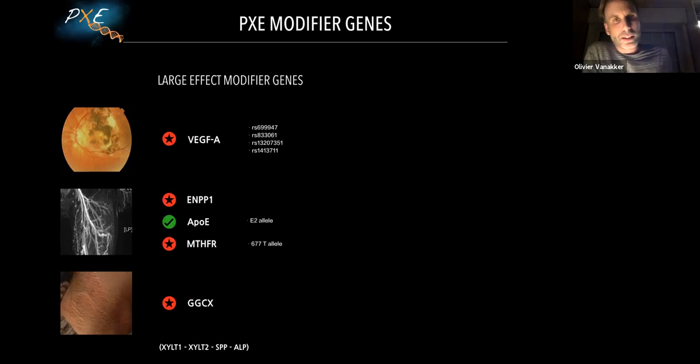But there are some modifier genes that are known, large effect modifier genes to some extent. You can see them here, and I will just give you an example of VEGF-A and of ENPP1 in a minute.